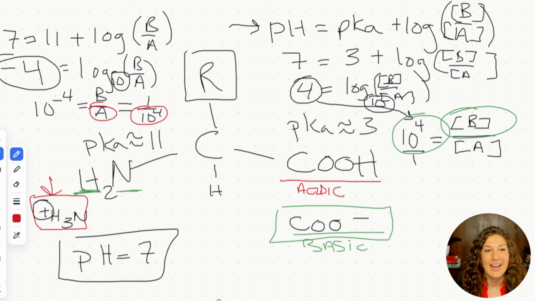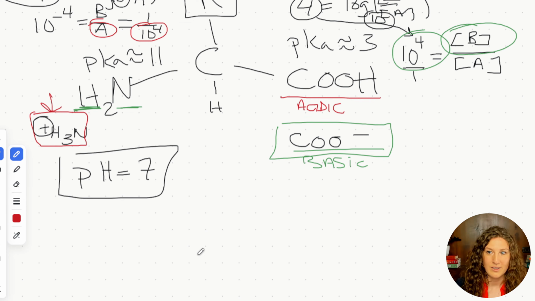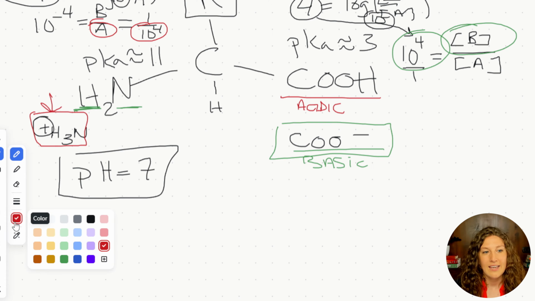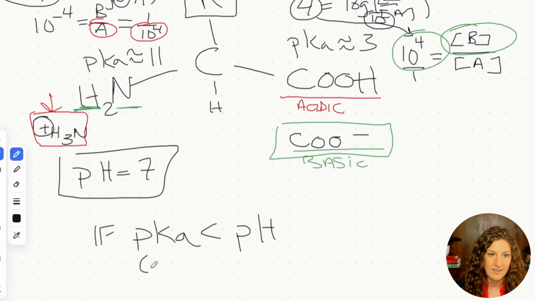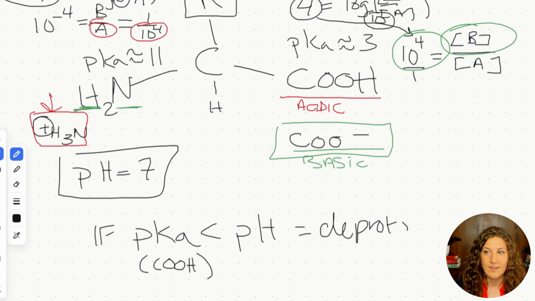We can now simplify all this math down to a few key rules, because this will always be true. These are our key rules. I'm going to scroll a little bit so we have some fresh space. If our pKa is less than our pH, and I want you to think about the carboxylic acid, COOH, as our reference molecule, then we will be in our deprotonated form.